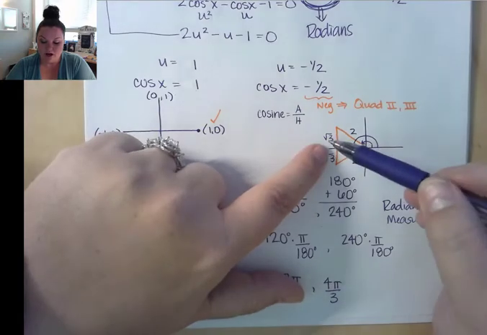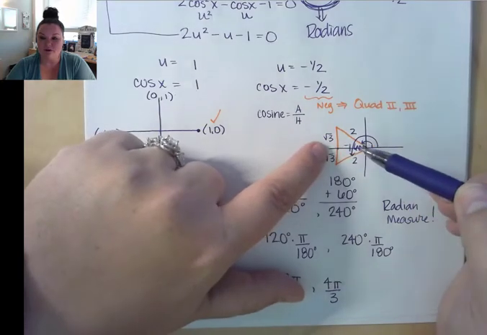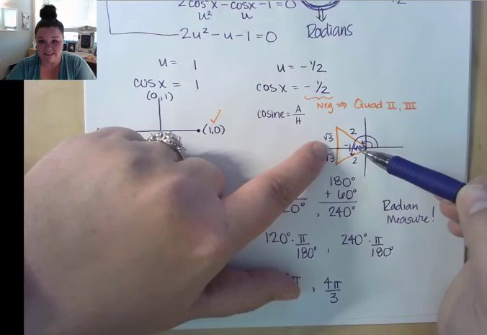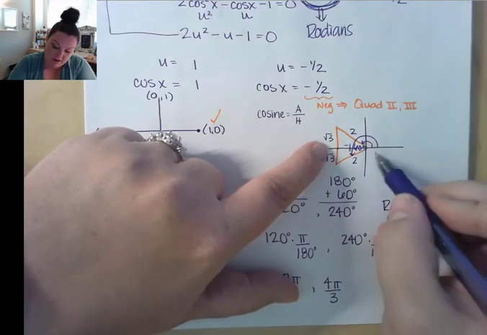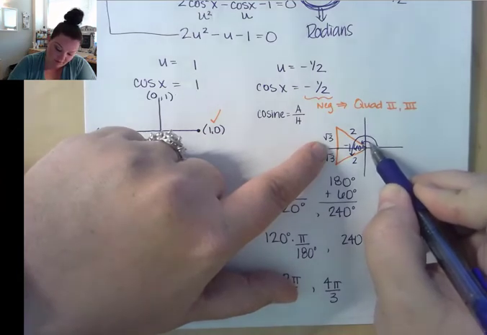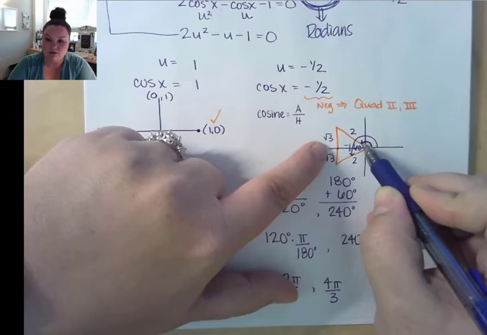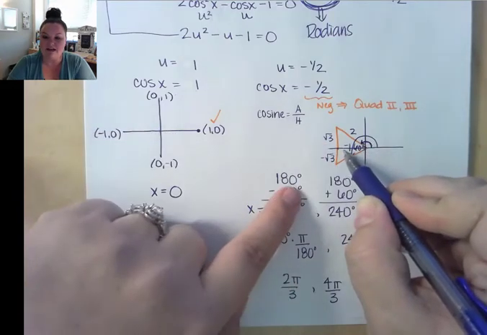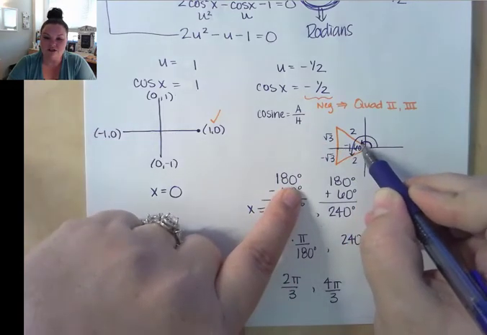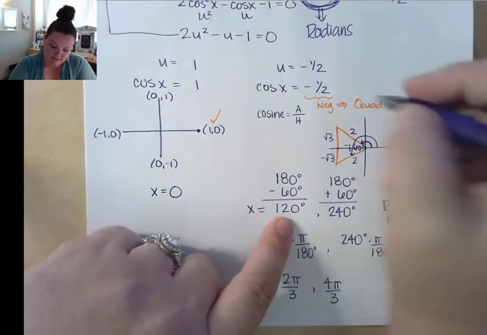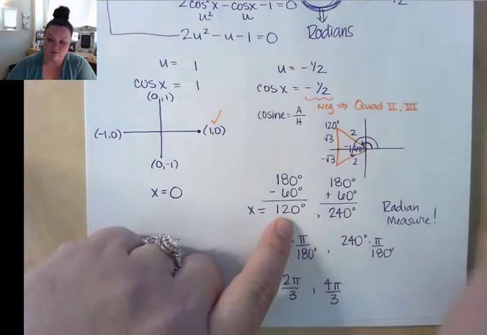So when the opposite side of my angle is square root of 3, that tells me it's a 60-degree triangle, okay? So a 60-degree triangle means we want the angle who has a reference angle in quadrant 2 of 60 degrees. So from here to here, which means we could take 180 degrees and we're 60 short of making it all the way to the 180-degree mark, which means that this is a 120-degree angle, right?